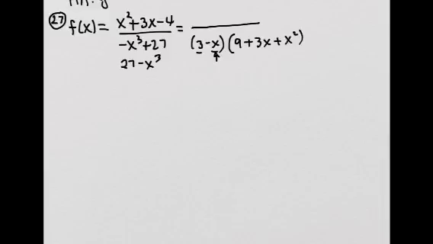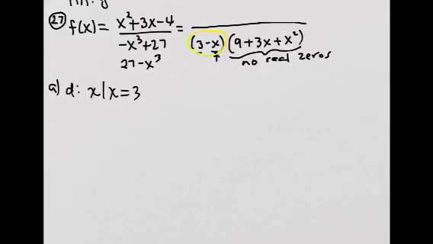So this is the factored form of the denominator, and like I reminded you guys in class today, this gives you no real zeros, only imaginary zeros. So the only real zero here is going to be from this factor. So for the domain, we're going to say that it's all x such that x cannot be 3.